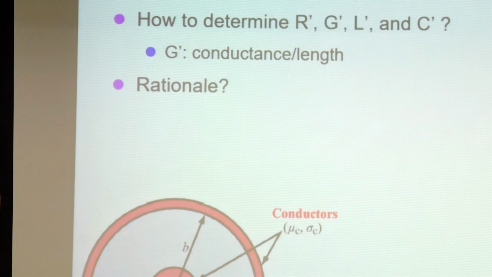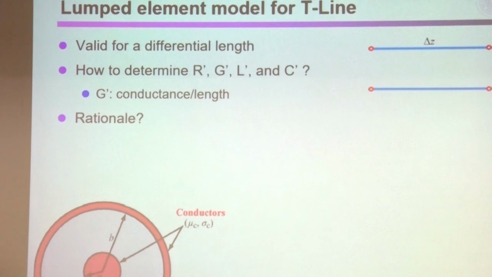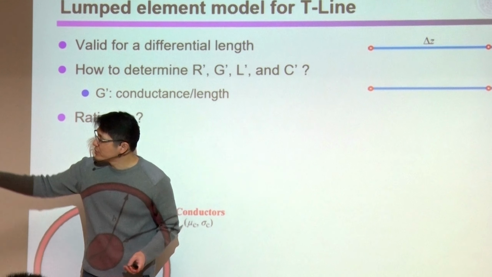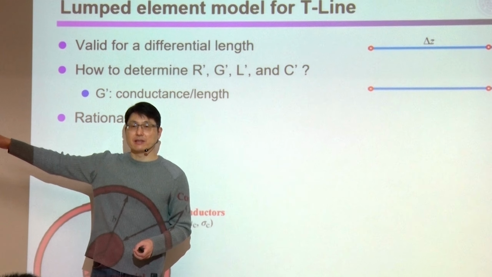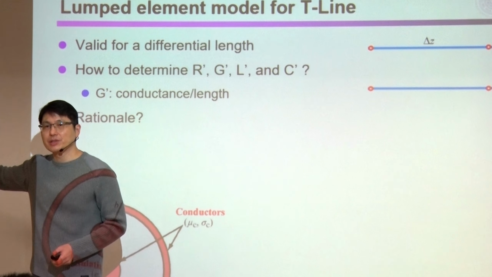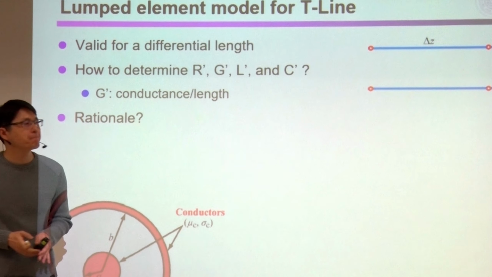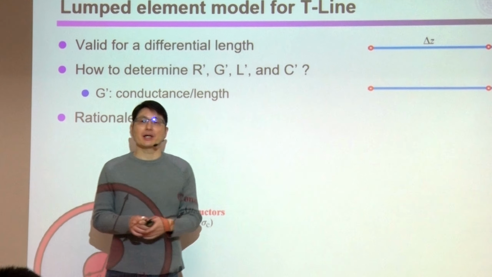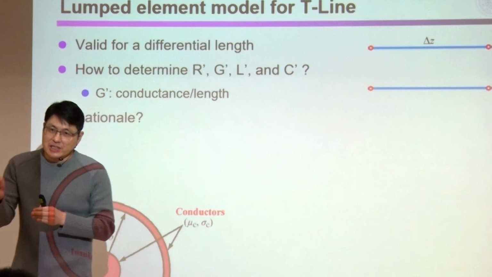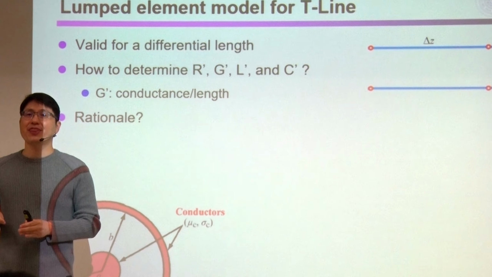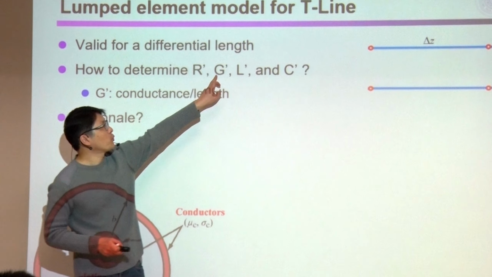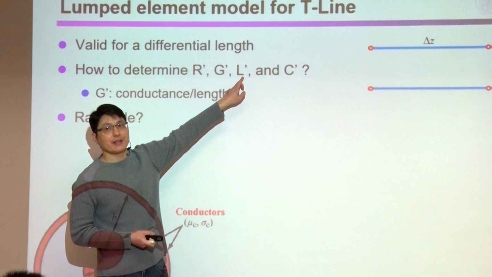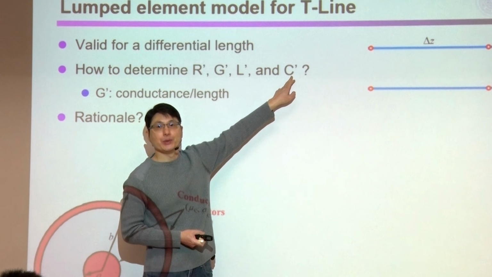All right, so on the right bottom blank space, that's a place for you to fill in the equivalent model using lumped elements. And here, R prime, G prime, L prime, and C prime are the resistance per unit length, conductance per unit length, inductance per unit length, and capacitance per unit length.